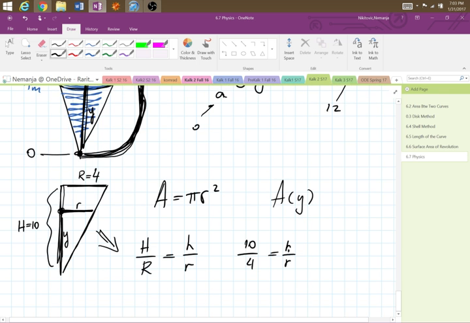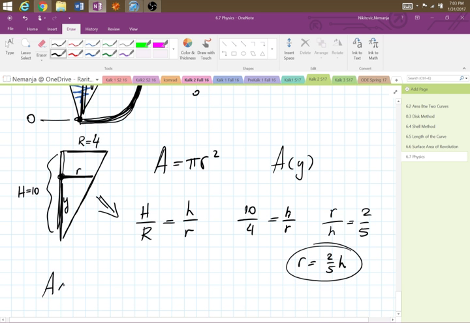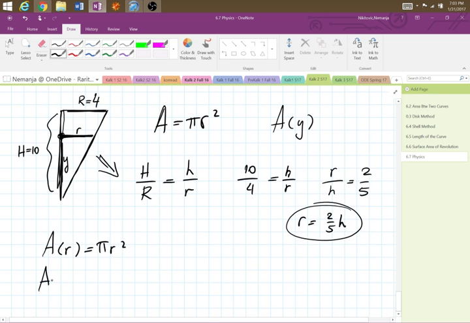I can solve for lowercase r: r over h is 2/5 if you cancel the fraction, and then moving h to the other side, lowercase r is 2/5 h. There it is. So now the area was pi r squared, and I meant y, the height, the lower one. I'm changing them all now.